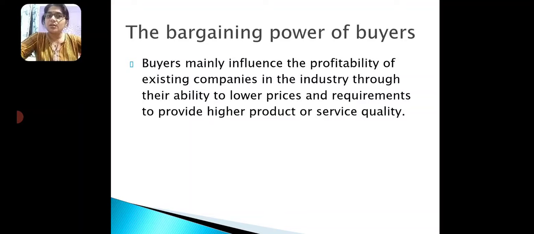But if the bargaining power of the buyers is more, buyers mainly influence the profitability of the existing companies in the industry through their ability to lower prices and their requirement for higher product or service quality.